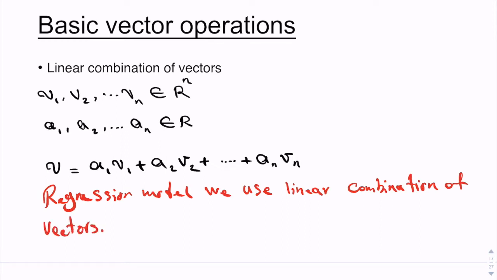That's very important. So in there, V is an observation, and these are predictors, and the a's are coefficients.